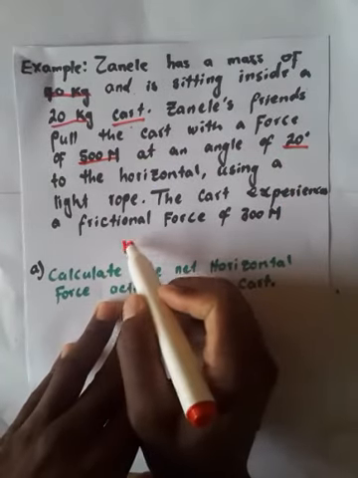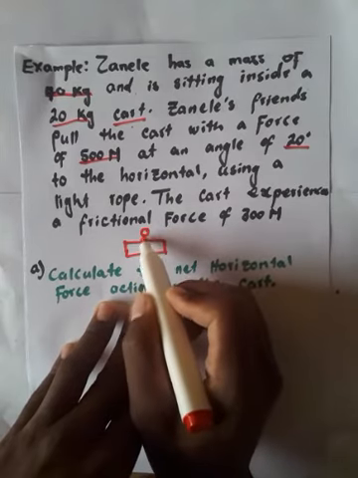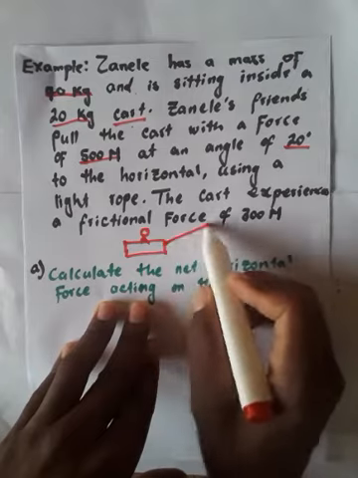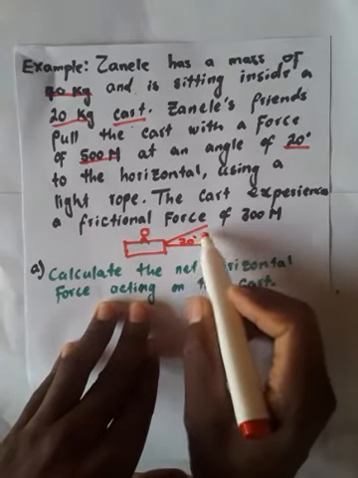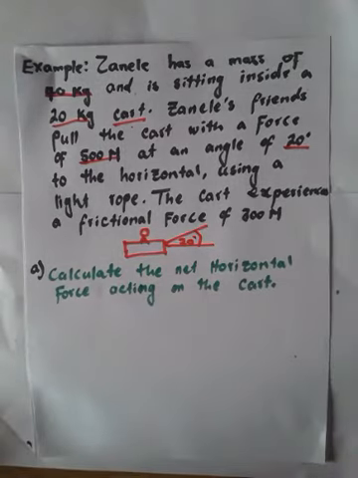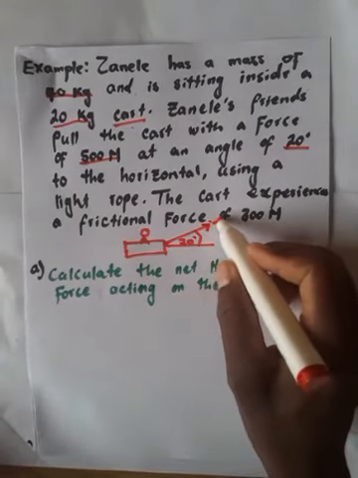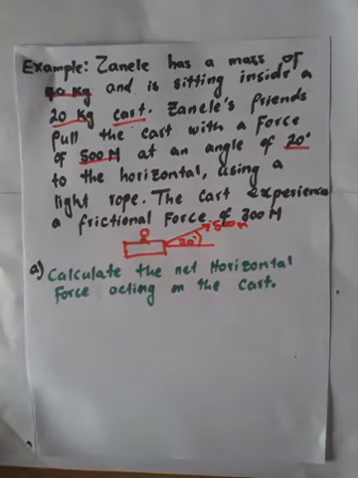Here let's say this is the cart, then inside the cart Sanel is sitting, and the friends are pulling with an angle of 20 degrees, with a force of 500 Newton, at an angle of 20 to the horizontal, using a light rope.